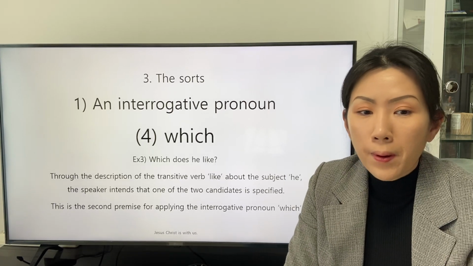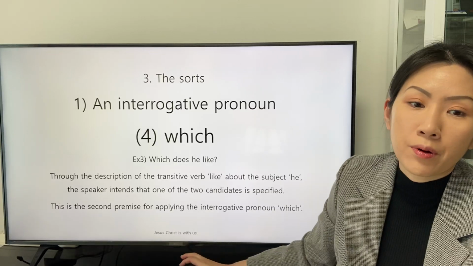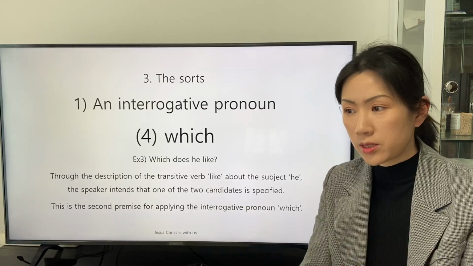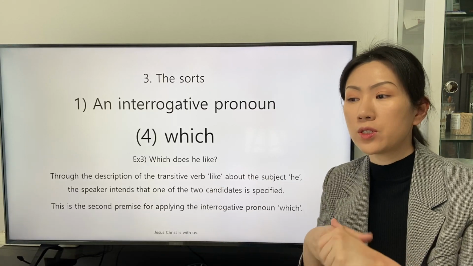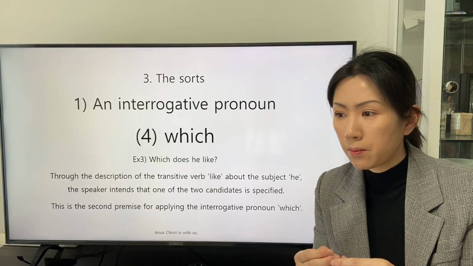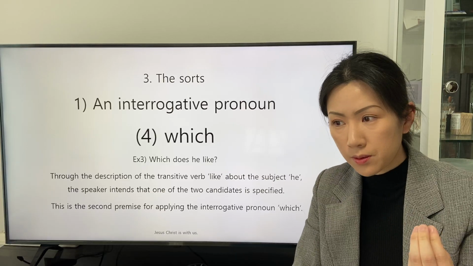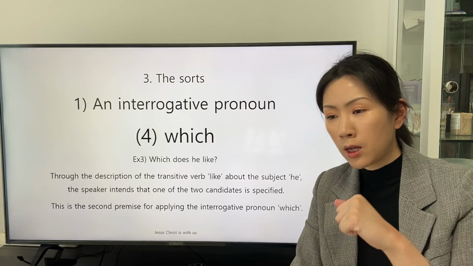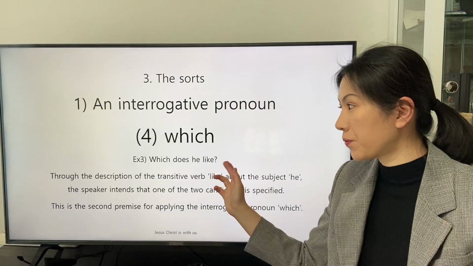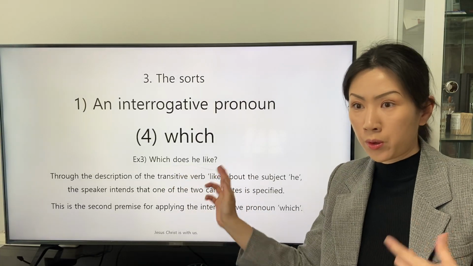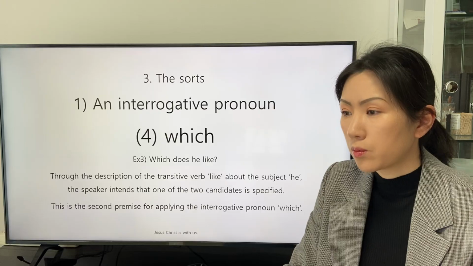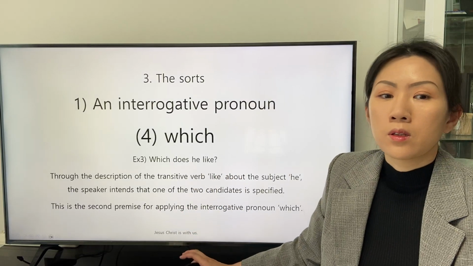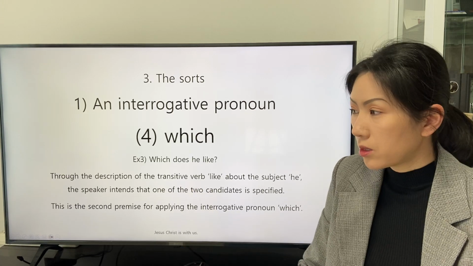This is the second premise for applying the interrogative pronoun which, the fact that one of the two options is chosen. One of the two options is chosen means that one of the two options is specified by the description of the clause, not the predicate.